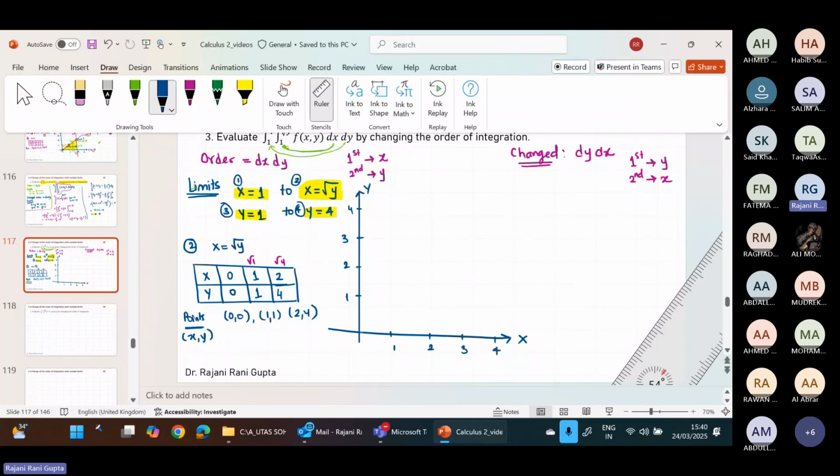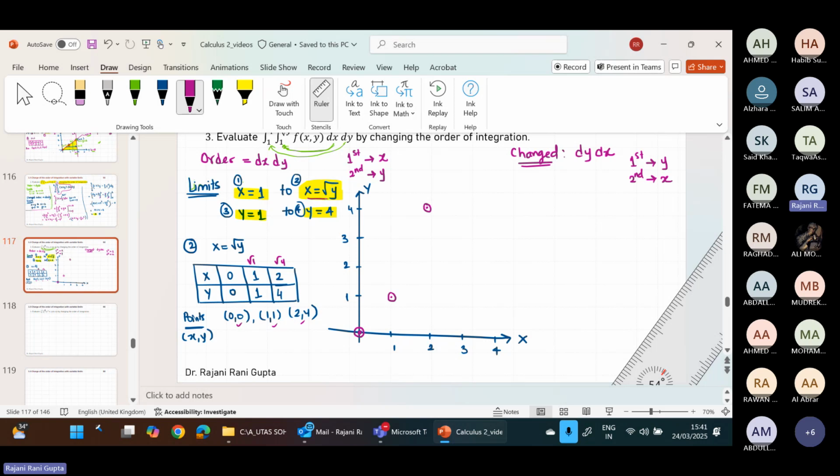So the point 0, 0, this is the point. I'm plotting first 0, 0, 1, 1. When x is 2, y is 4, it will be somewhere here.